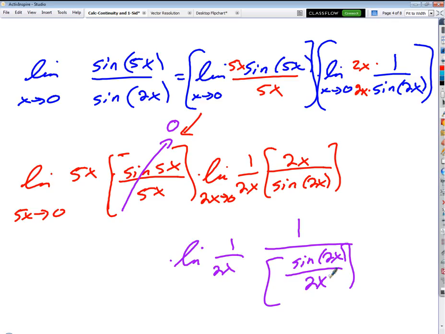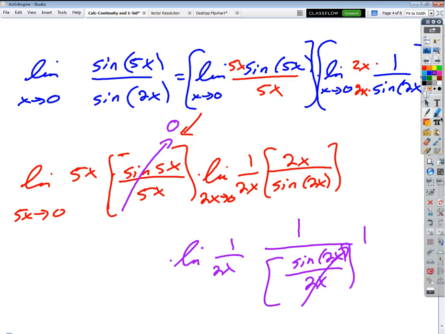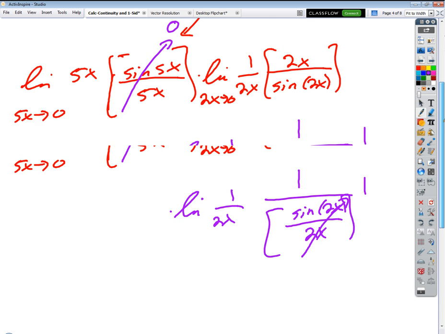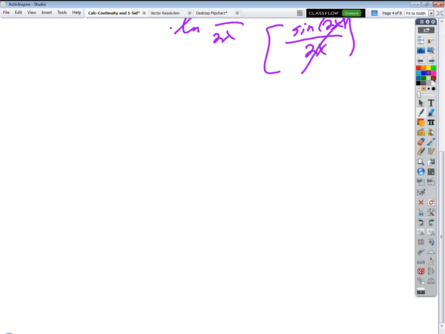So now when I take my limit, this one goes to 1, but Zoe made a good point. Do we really have to do that? Because the reciprocal of 1 is 1. Exactly. And so I think this is perfectly fine to do. I don't think there's a problem with this. I think we can make this statement.